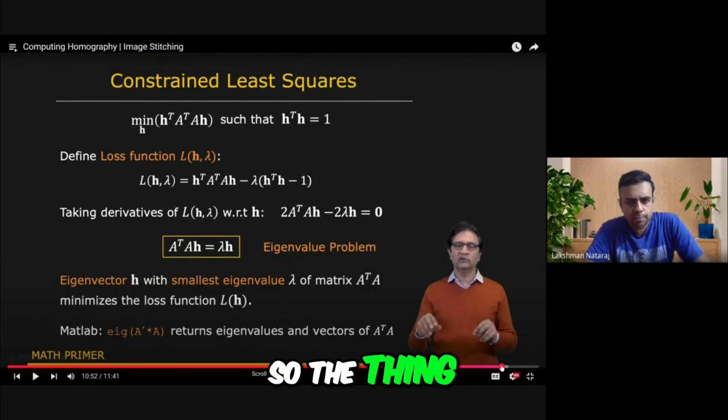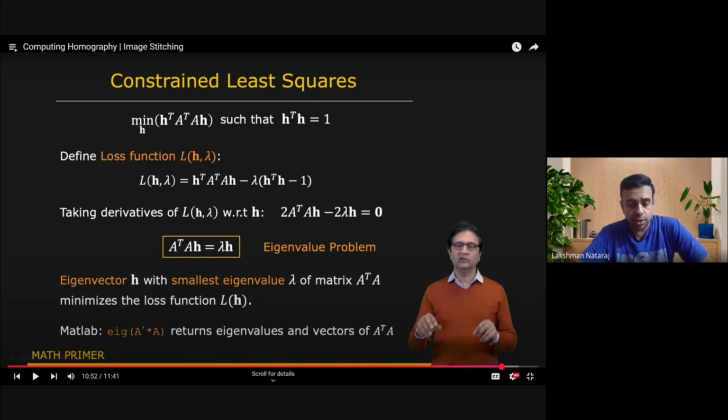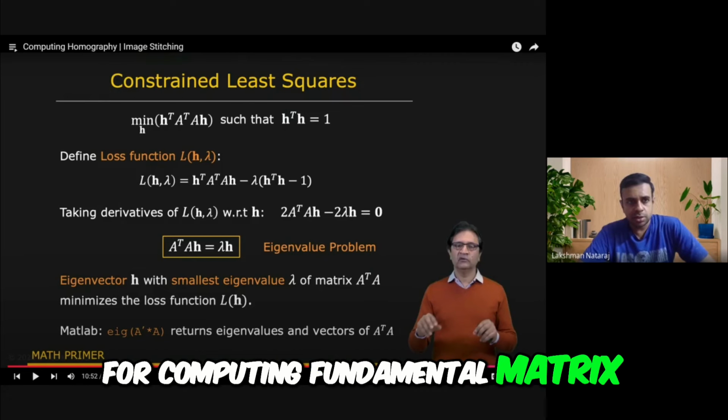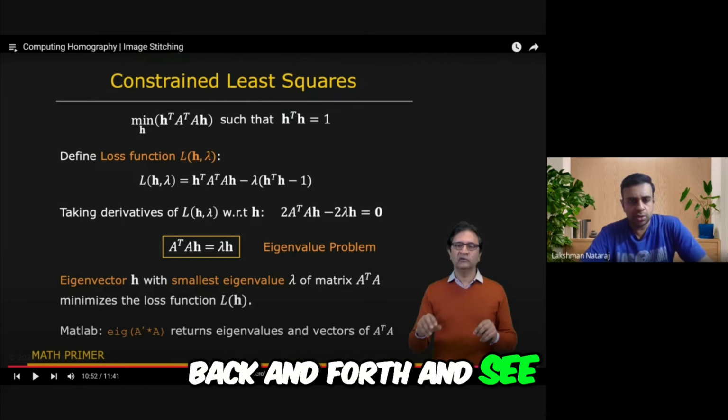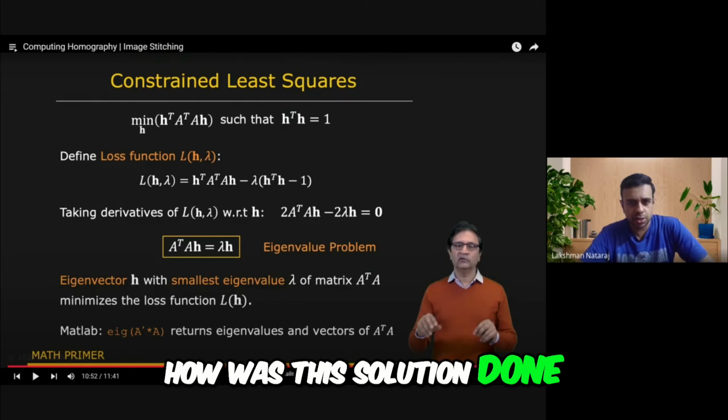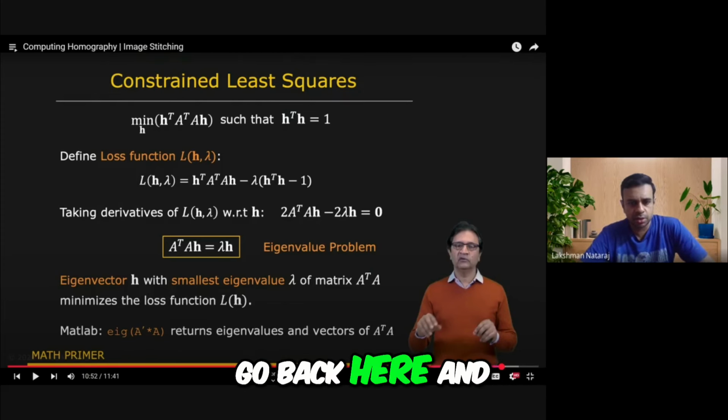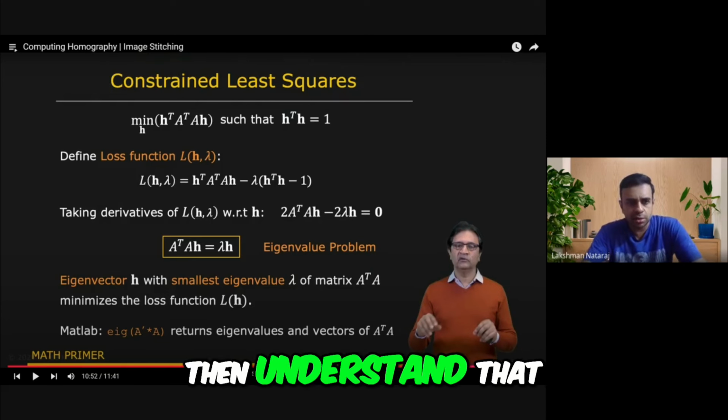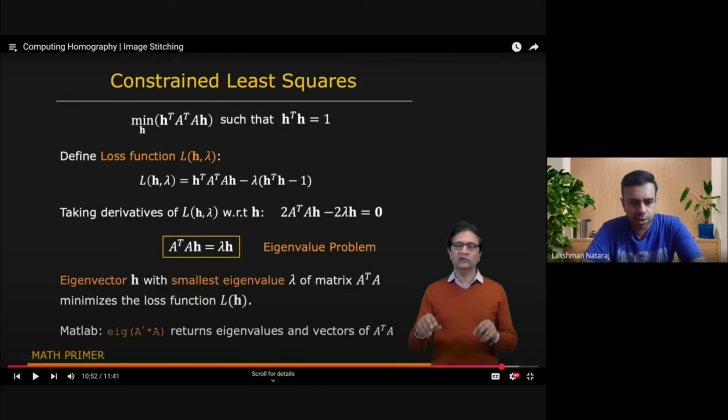So the thing is that when I was going through the lecture for computing the fundamental matrix, I had to go back and forth and see how this solution was done, and then go back here and understand that this is how it's done, and so on.